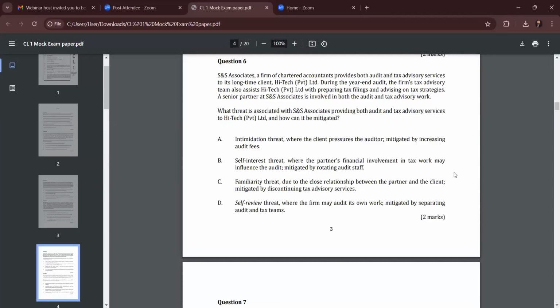What's the answer? C. Very good, guys. Let's see.